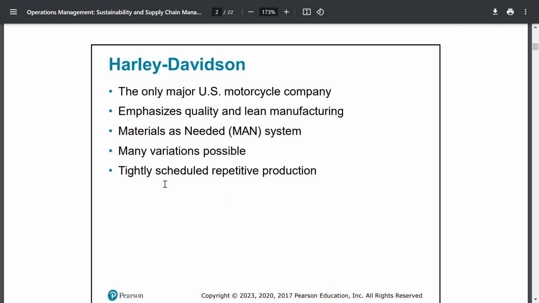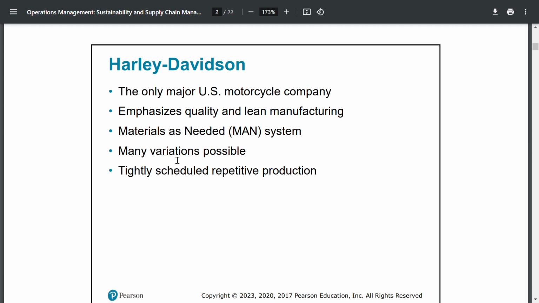So here we're going to start with an example of the Harley Davidson company. It's the only major US motorcycle company. It's a major company in the United States, and it emphasizes quality and lean manufacturing. Also, it's a materials as needed system, and we're gonna discuss that.